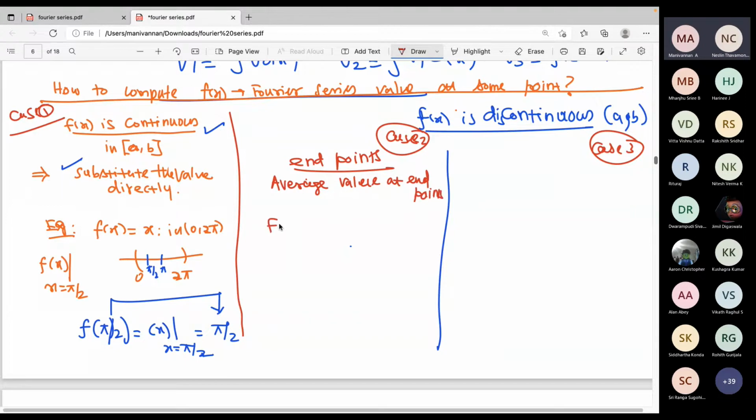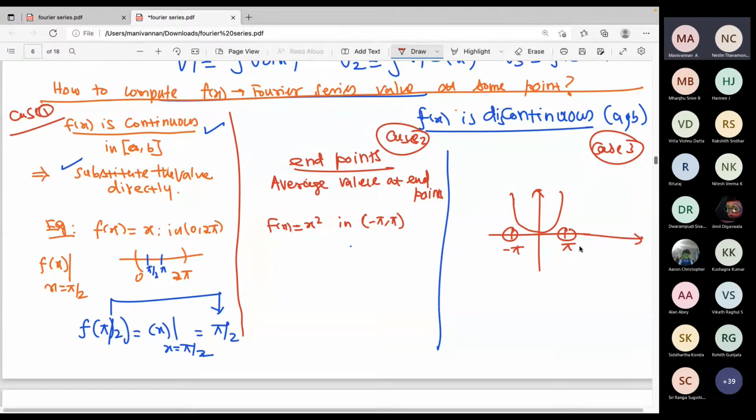Just consider f of x equals x square, defined on minus pi to pi. We know this is my x square graph. This is my minus pi and this is pi. So I have to evaluate the function's value at this end point. Is it clear? The end point we are going to compute.